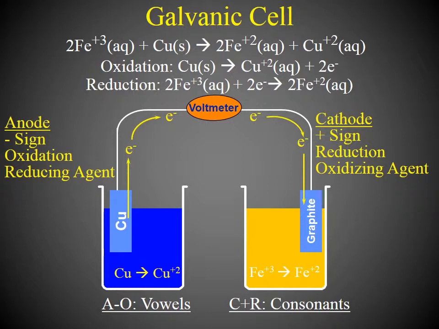On the other side, on the cathode side, the moment I convert each iron 3 into an iron 2, I'm going to leave moles. I'm going to create an extra.